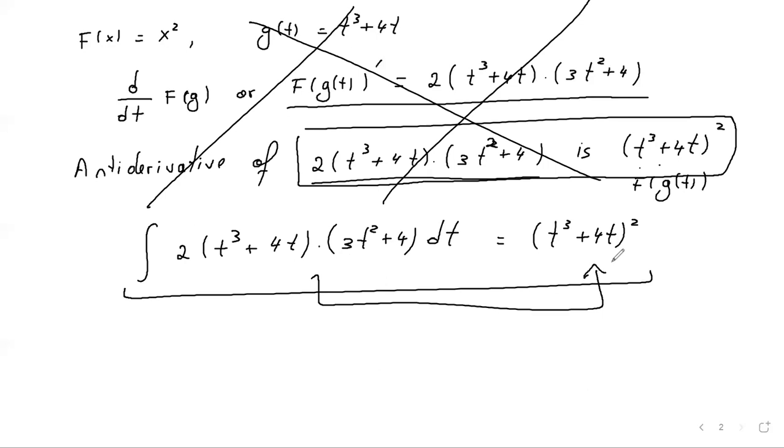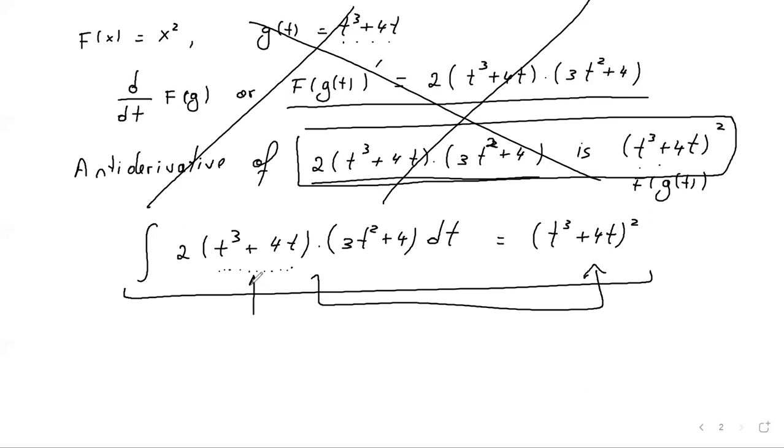But we won't do it that way. Knowing what we have above, we're going to try to figure out the formula for the substitution rule. First of all, we notice that this function g, t cubed plus 4t, played a very important role in our calculation. So when you do this substitution, that should be visible somewhere in the formula.